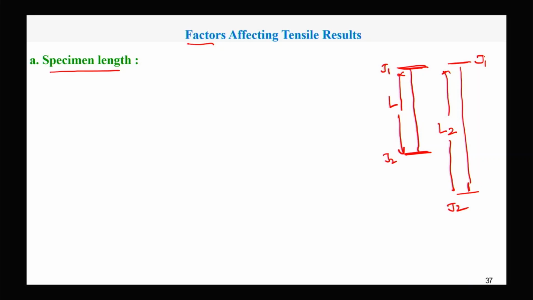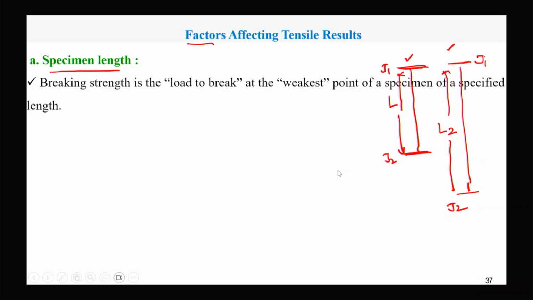Now we have to see whether these two results will be similar or not, considering we are using the same material. Now let us see what happens if we change the specimen length.